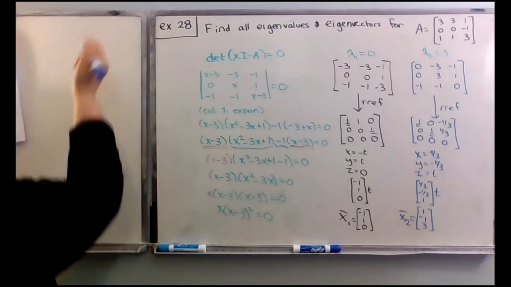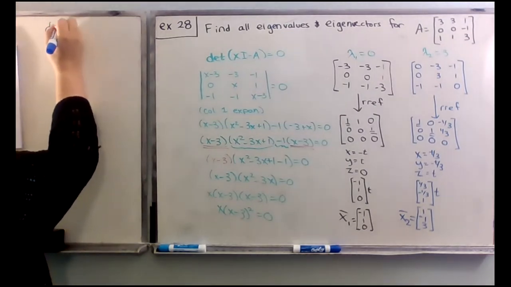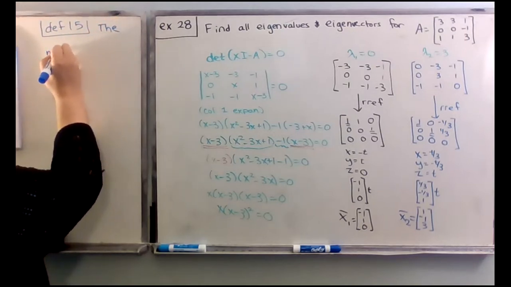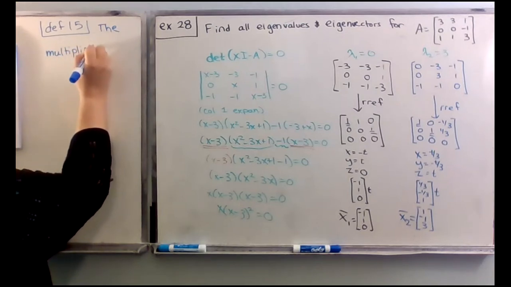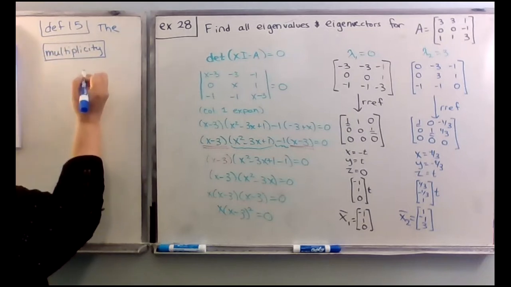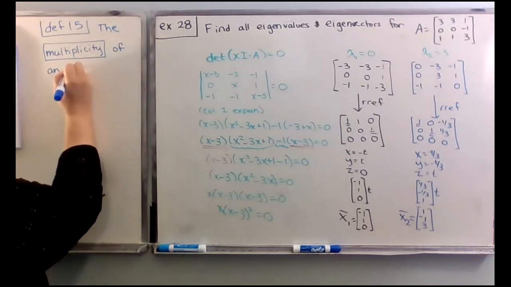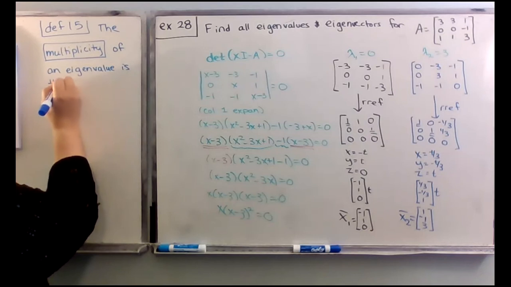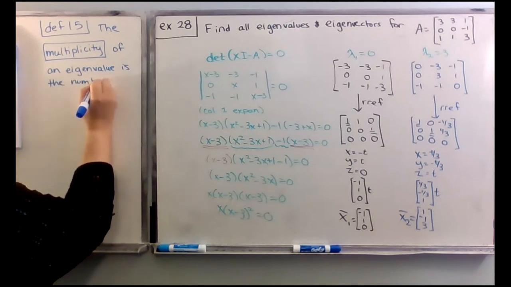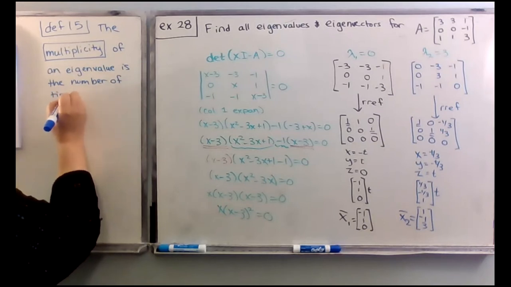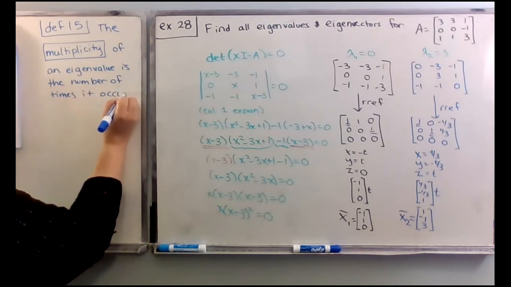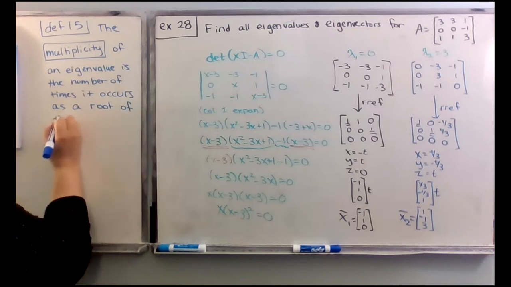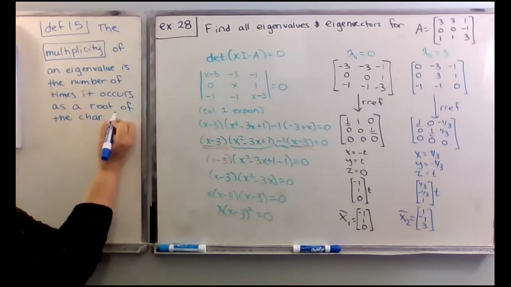The multiplicity of an eigenvalue is the number of times it occurs as a root of the characteristic polynomial.